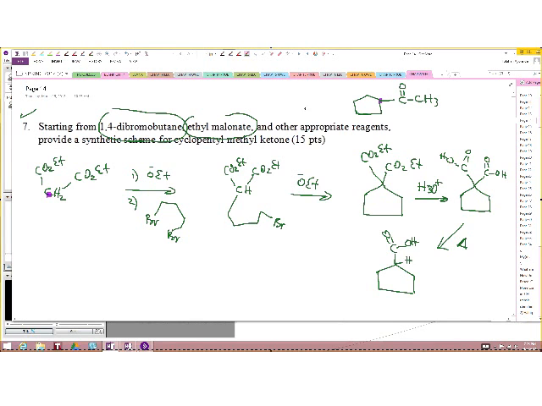And that hydrogen is now here. Okay. So at this point, then how do we get to here? This is where we want to go. What do you want to do?